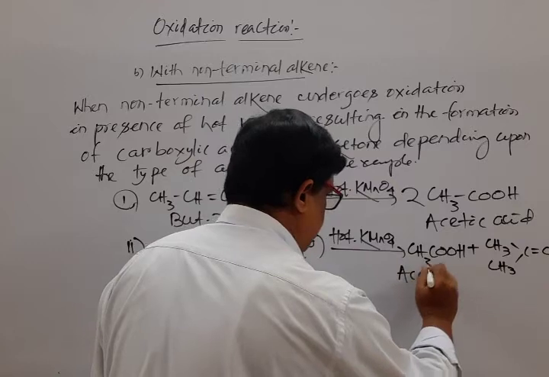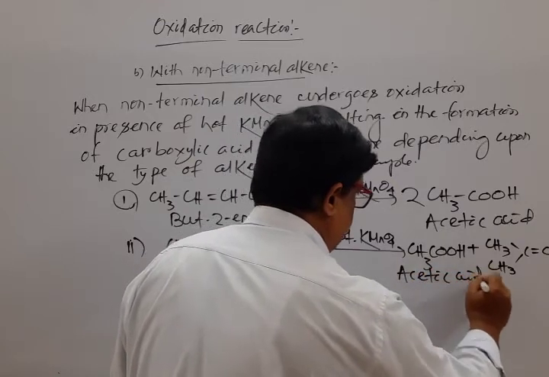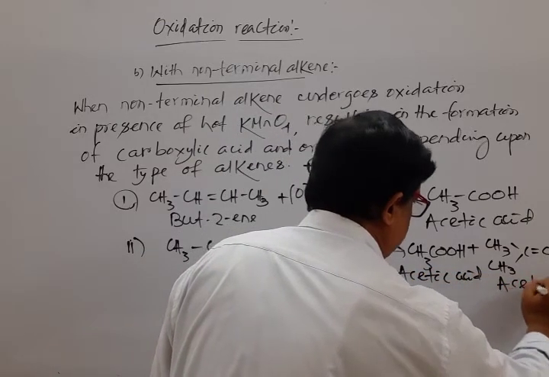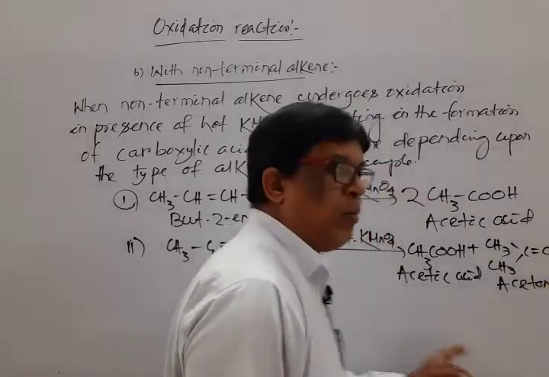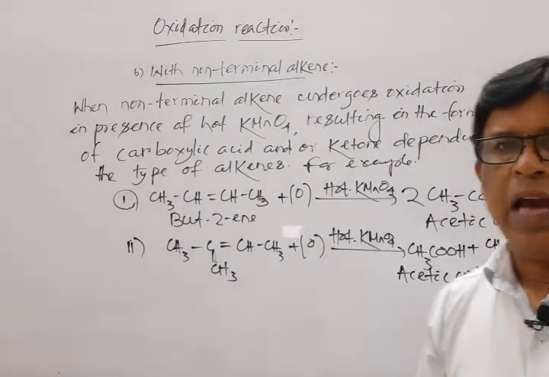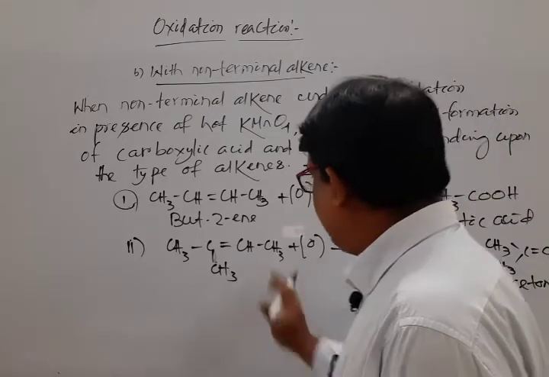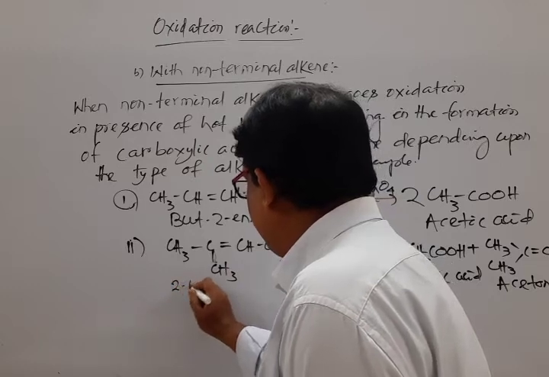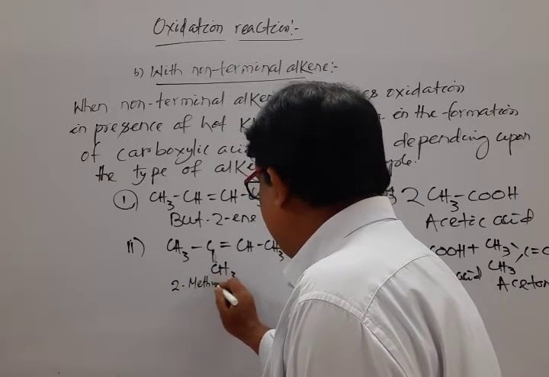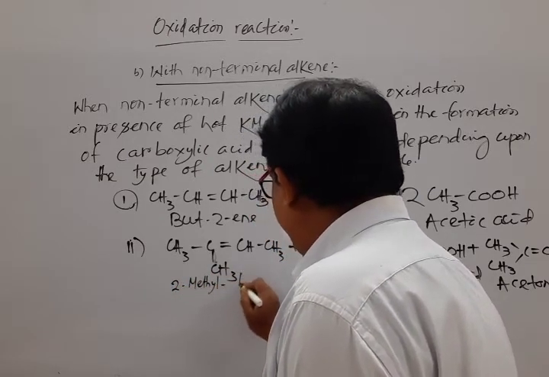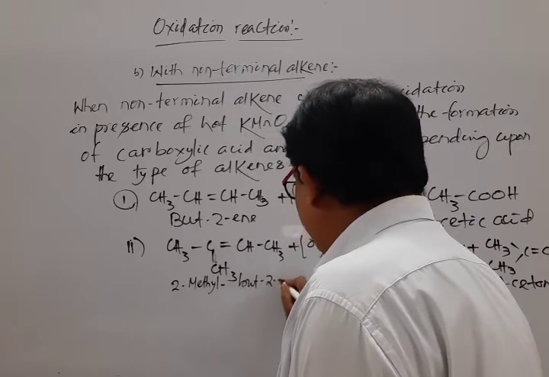Its name is acetic acid. Its common name is acetone, and IUPAC name is, mark that, propanone, and the alkene's name is 2-methylbut-2-ene.